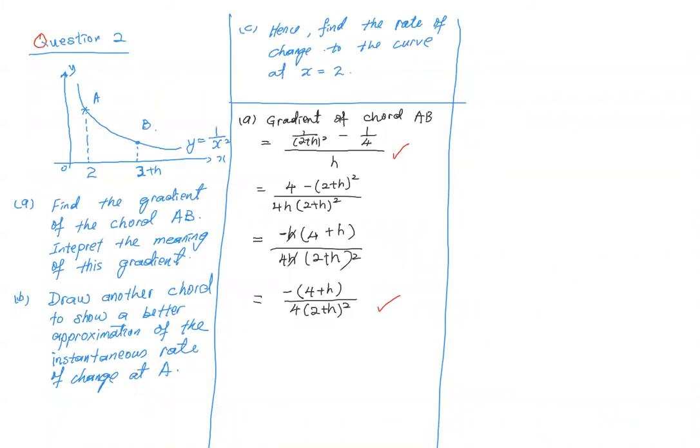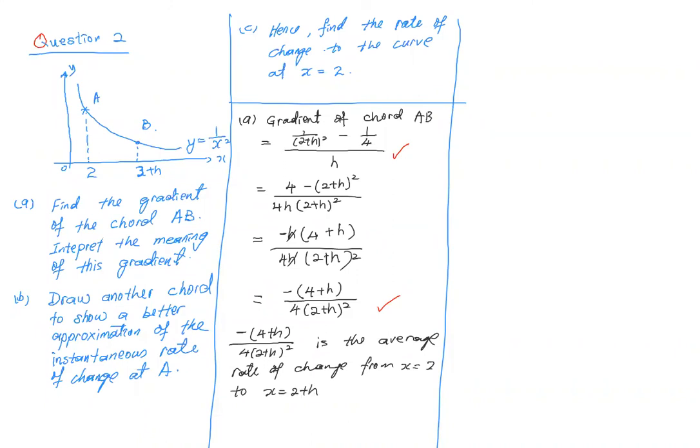So I interpret: negative 4 plus h over 4 and 2 plus h squared is the average rate of change from x equal to 2 to x equal to 2 plus h.